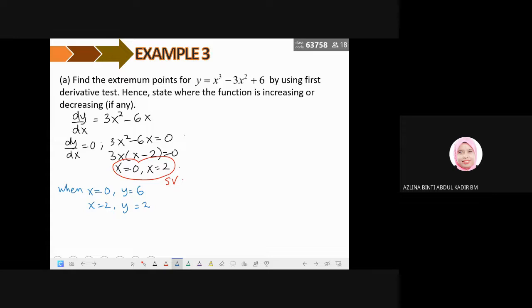So we have (0, 6) and (2, 2) as stationary points. Now we have the stationary points, so we want to determine the extremum points using the first derivative test. Based on the stationary values, you form a table.